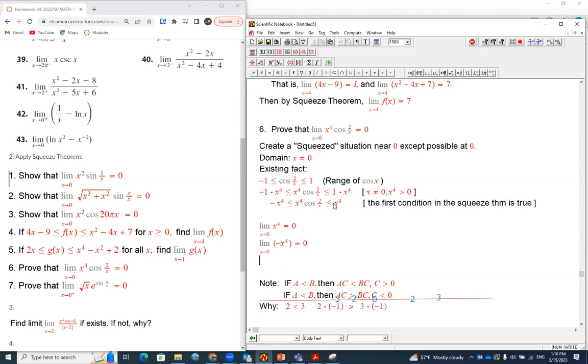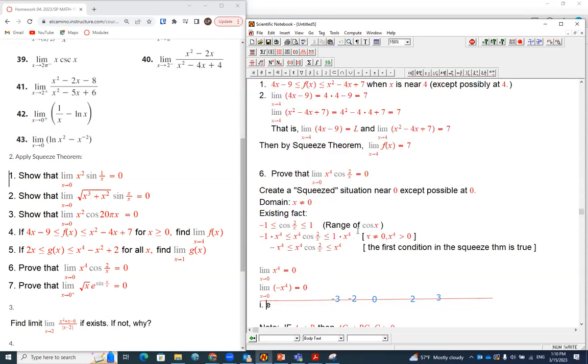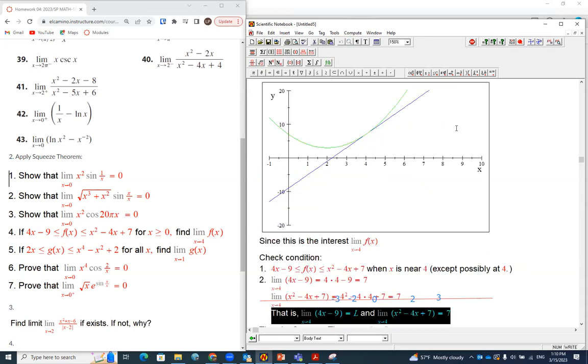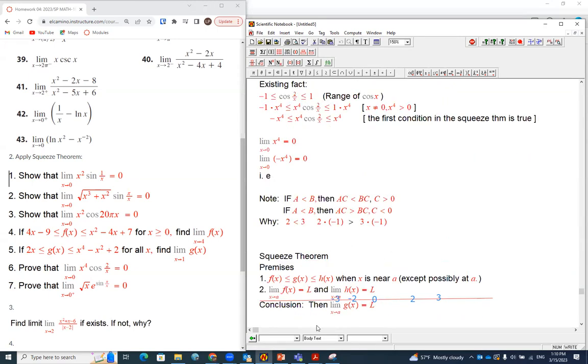So for the second condition, if you want to point out the most obvious, go for it, right? And you can say, just like we said in a similar situation in the Squeeze theorem, let me clean this up.